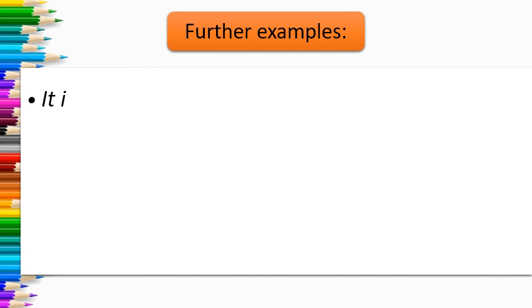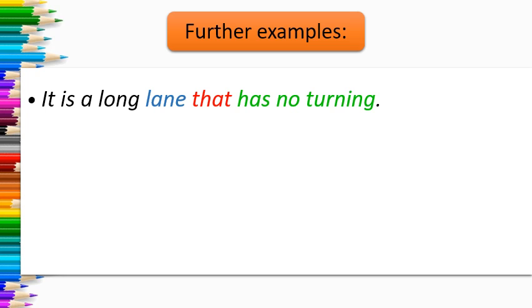So let us see some more examples to clarify it. Number 1, it is a long lane that has no turning. First of all, divide this sentence into two clauses, main clause and subordinate clause.